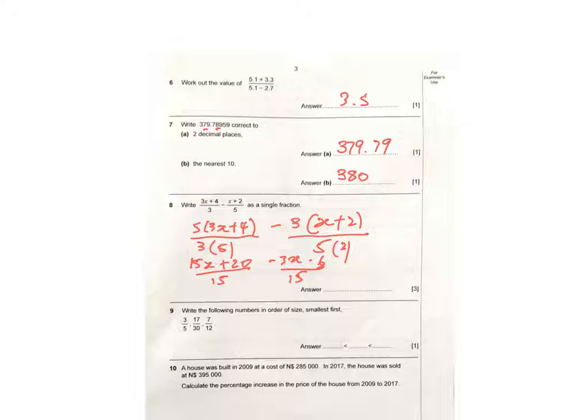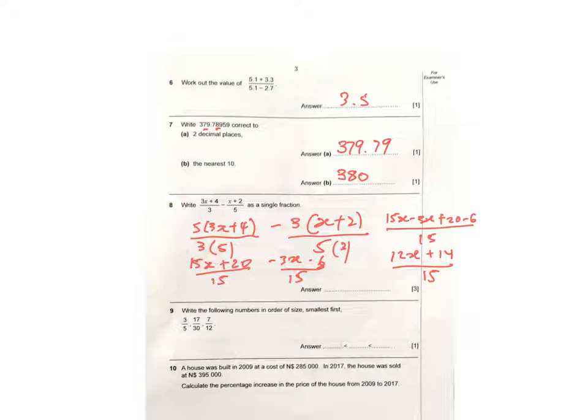So we have 15x minus 3x, and then 20 minus 6. Everything will be out of 15. If you simplify, you will have 12x, 20 minus 6 gives us 14, and everything out of 15, and that is our answer.